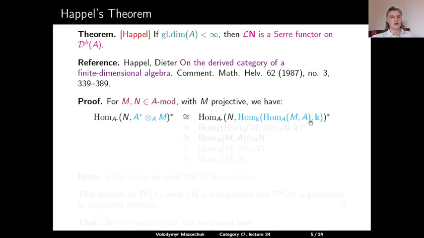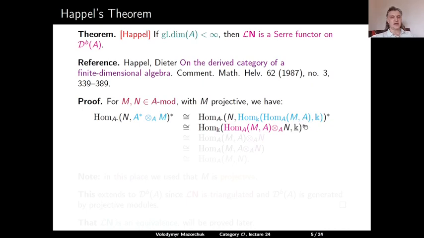Now the second argument becomes Hom over K, Hom over A from M to A, and then to K. Now we can use the usual Hom and tensor adjunction, and we write this as Hom over K, and then the first argument will be Hom over A from M to A, tensor over A with N, and then we take this Hom into K.